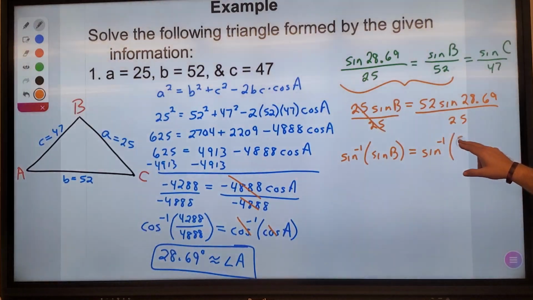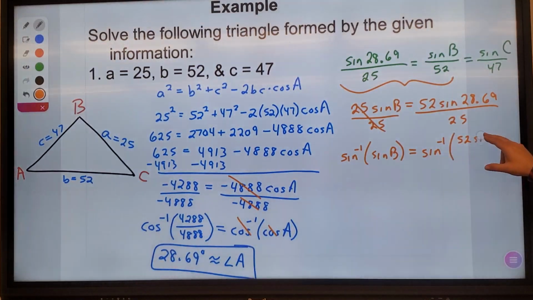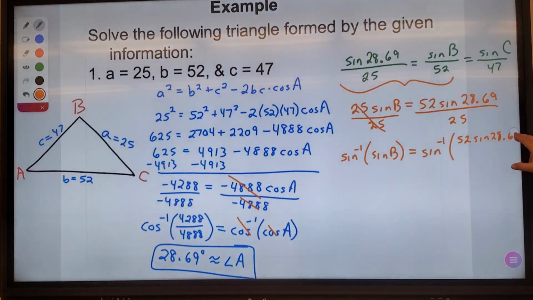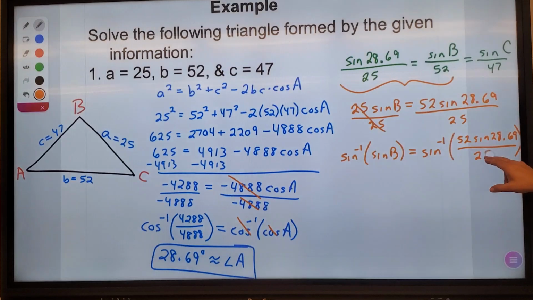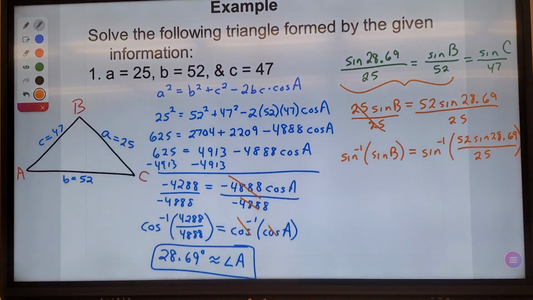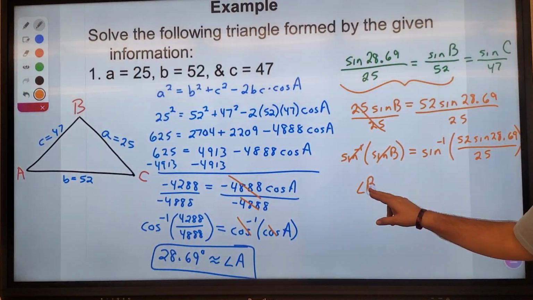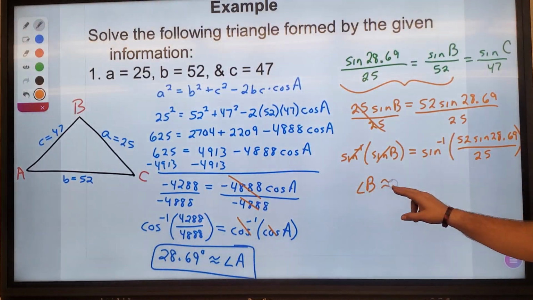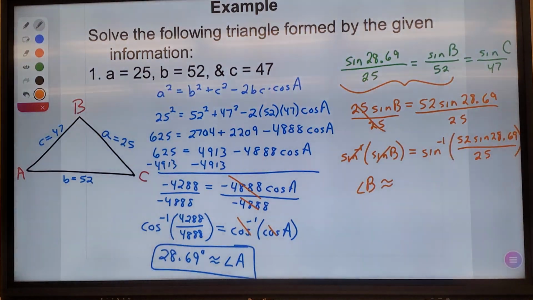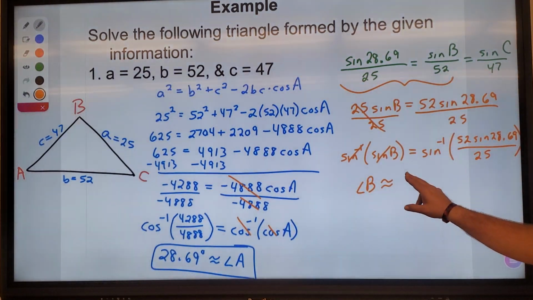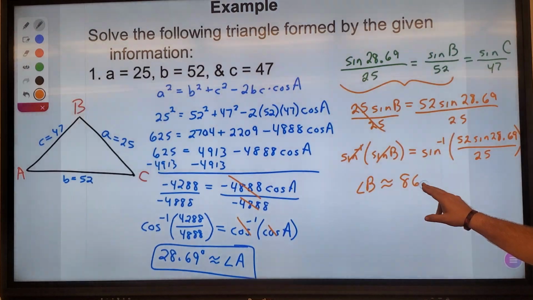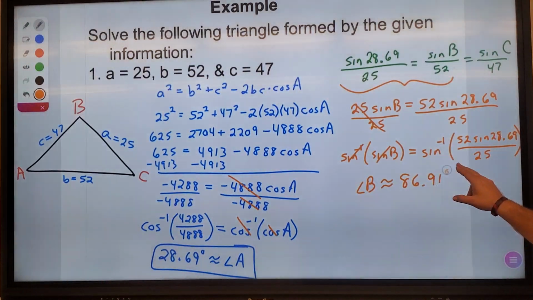So 52 sine of 28.69, barely fit it on there, divided by 25. Okay, so sine and inverse sine here are going to cancel. That's going to give me angle B is approximately, when you plug that in, you get 86.91 degrees.